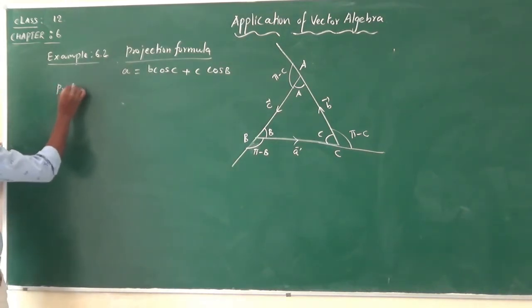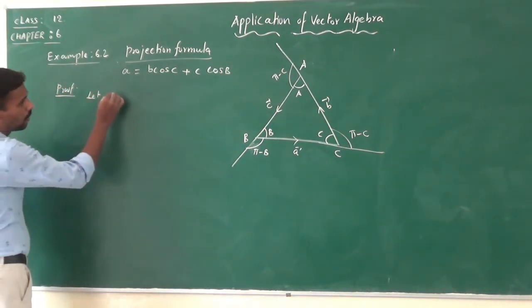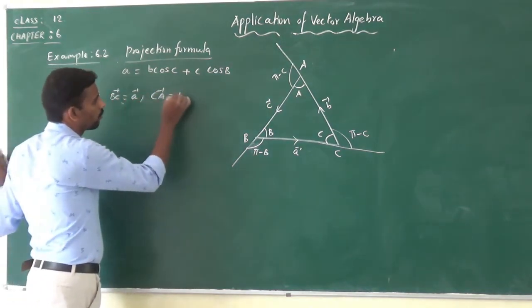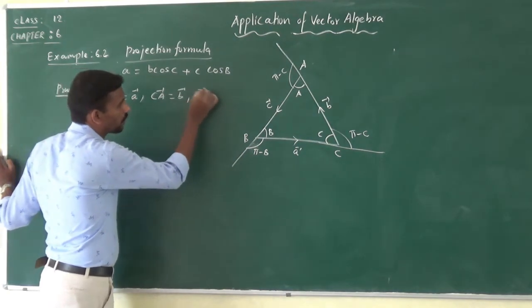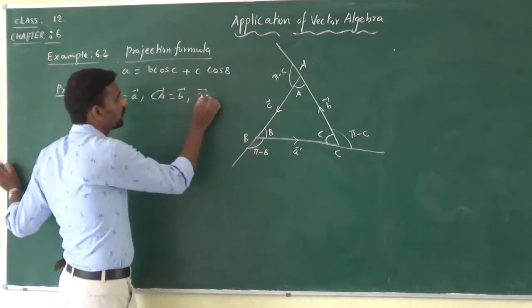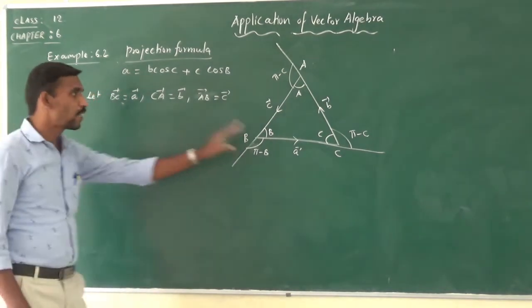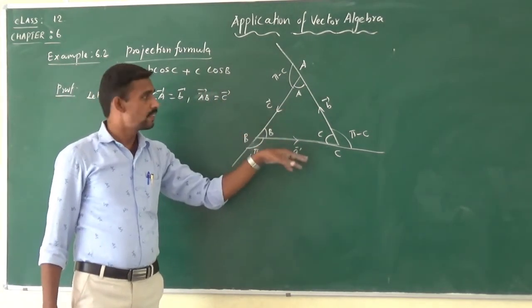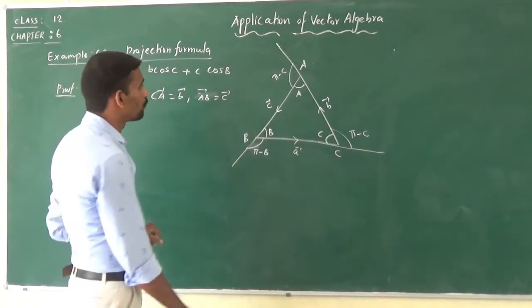Now the proof. Let BC vector be a vector, CA vector be b vector, and AB vector be c vector. In a closed diagram, the sum of the side vectors is equal to the 0 vector.